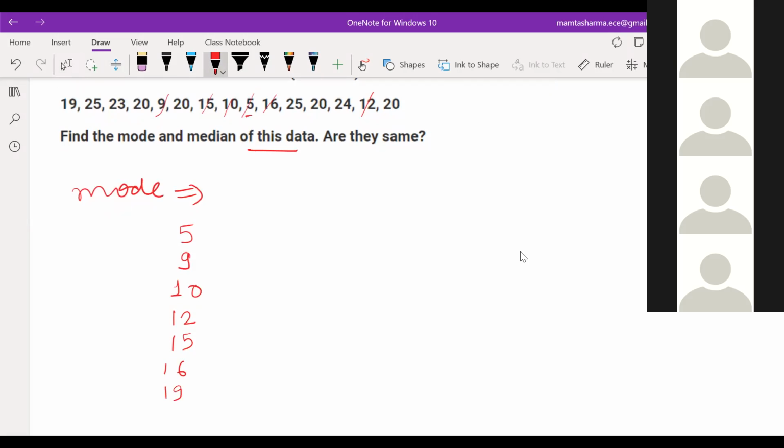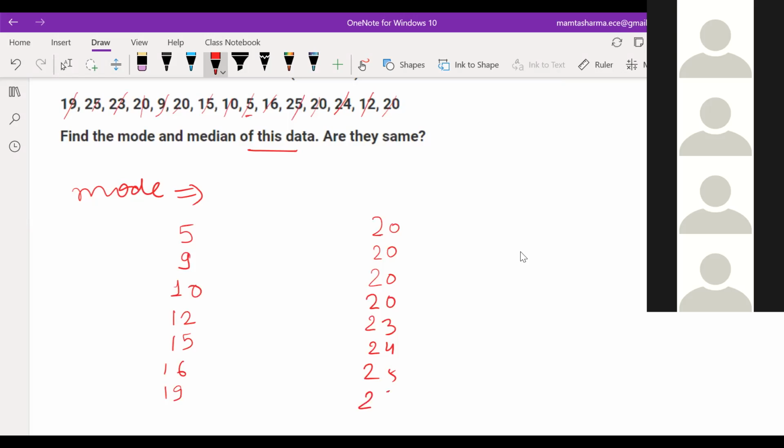Then 20, 20, 20, 20, there are four 20s. Then 23. Then 24. And 25, 2 times.